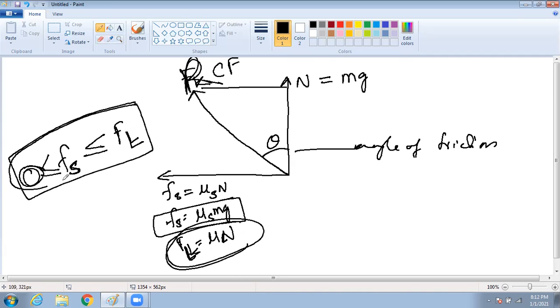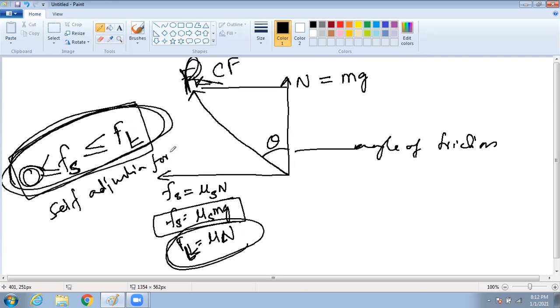So it is a variable friction. I told you it's a variable force. What kind of force is it called? Self-adjusting. What is called self-adjusting? Remember what kind of force it is called? Self-adjusting.